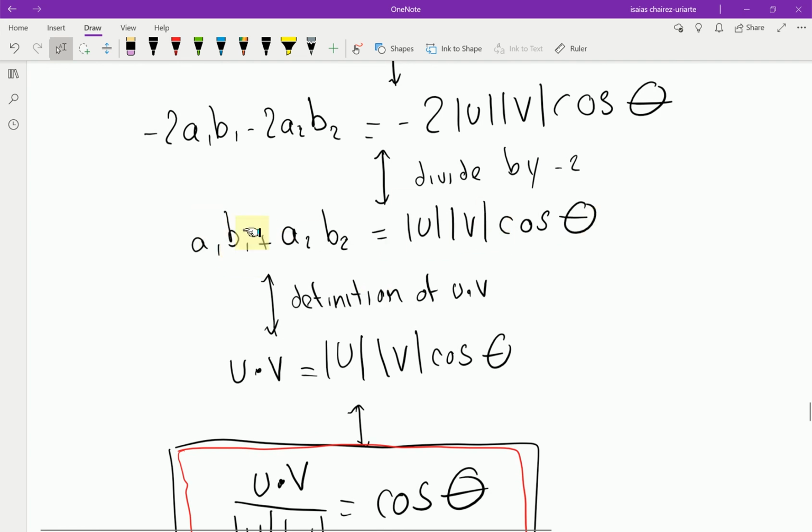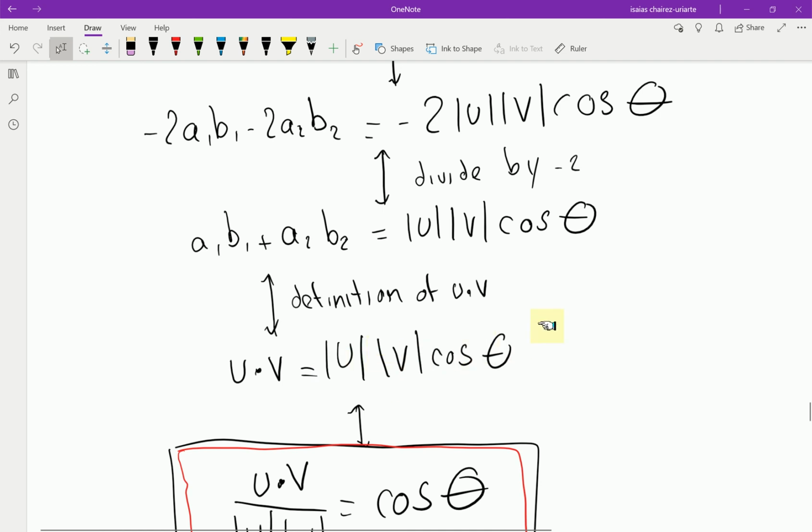And guess what? There's this part on the left hand side: a1 times b1 plus a2 b2, that's just the dot product of u and v. That's just the definition of the dot product. So instead of writing it like that, I'm going to say u dot v equals magnitude of u, magnitude of v, cosine of theta.